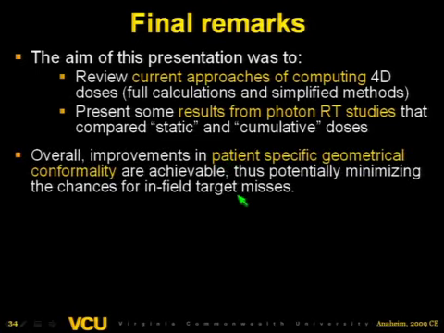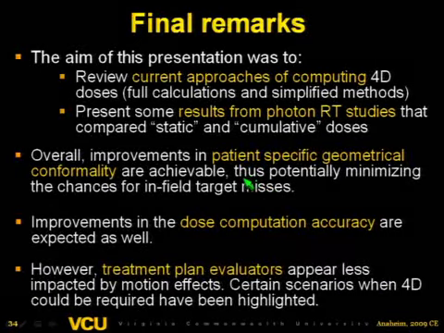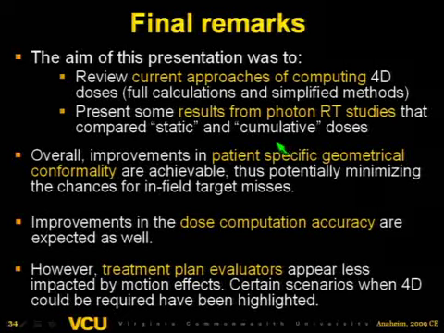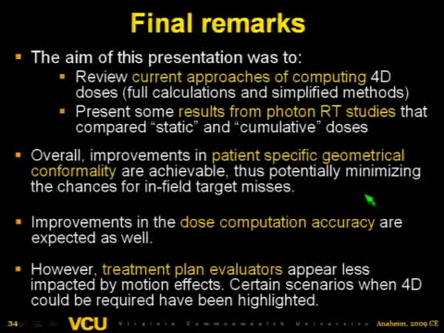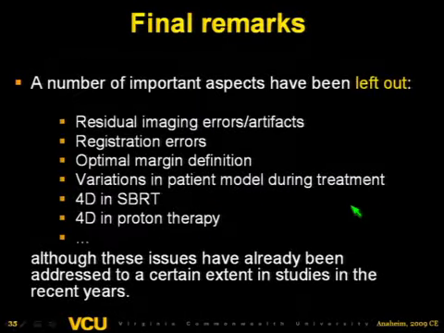Overall, improvements in patient-specific geometrical conformality are achievable, thus potentially minimizing the chances for in-field target misses. And improvements in the dose computation accuracy are expected as well. However, treatment plan evaluators appear to be less impacted by motion effects, although certain scenarios where 4D could be required have been highlighted during this presentation.